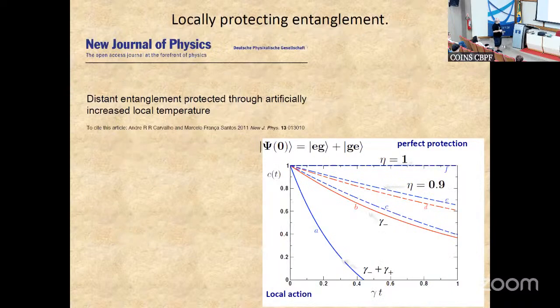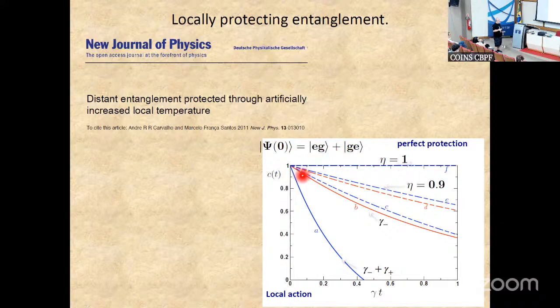Okay, and here what we show is what happens if you have imperfect detections. So here is the spontaneous decay, the standard master equation solution for my dynamics. Here is the standard master equation solution with the added noise, with the optical pumping. And here, obviously, is the entanglement if I can monitor all the clicks perfectly.